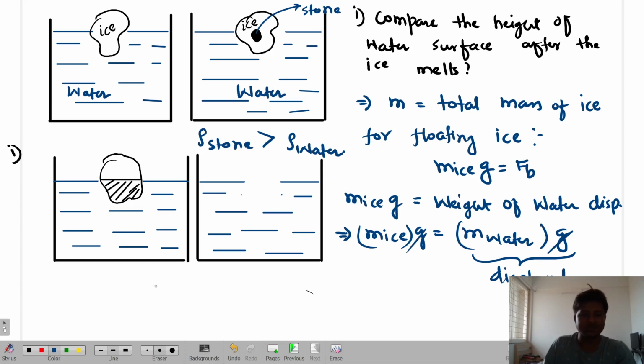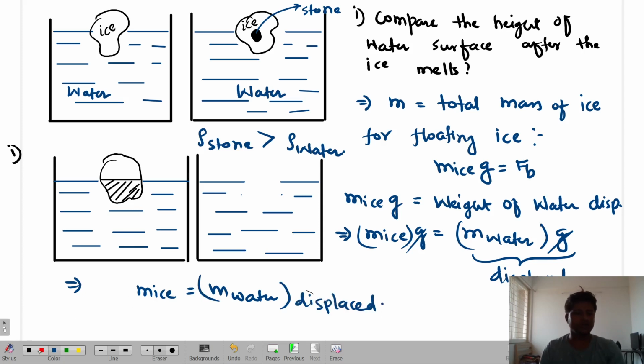So g got cancelled, and what we get is the mass of water displaced equals the mass of ice. Whatever is the mass of ice, the displacement of the water is exactly equal to it.